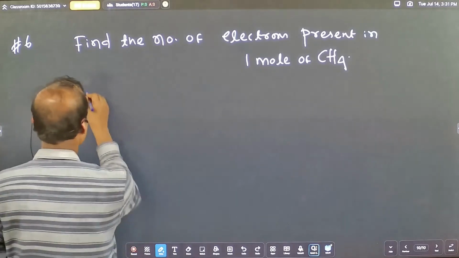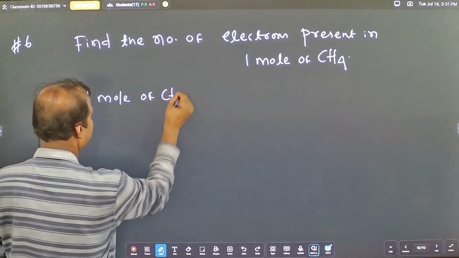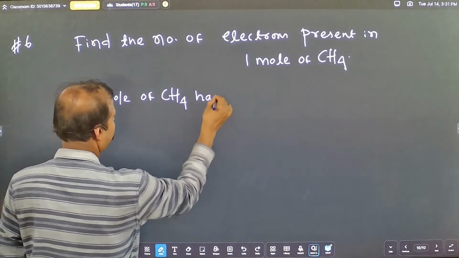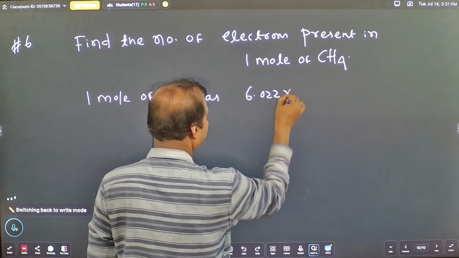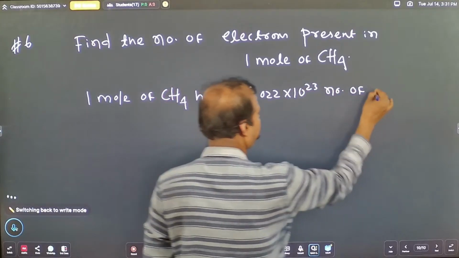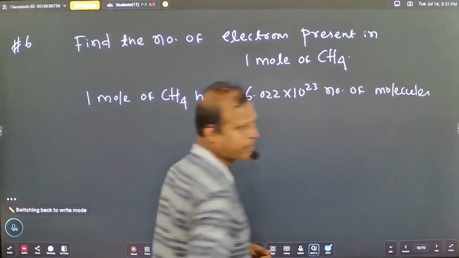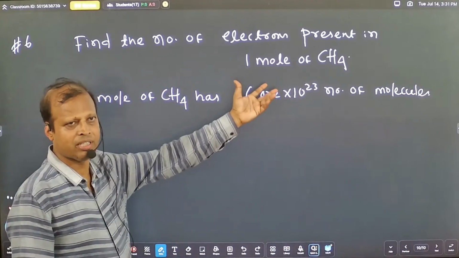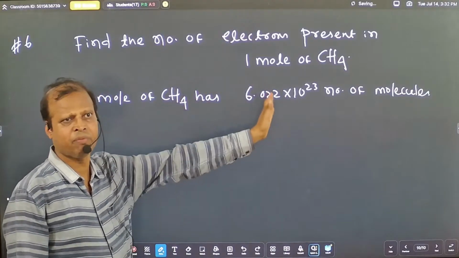So 1 mole of CH4 has 6.022 into 10 to the power 23 molecules. Agreed or not? It is in the form of a compound.